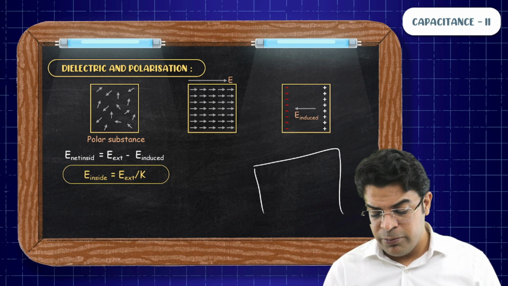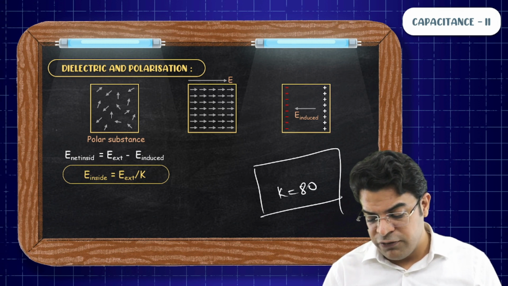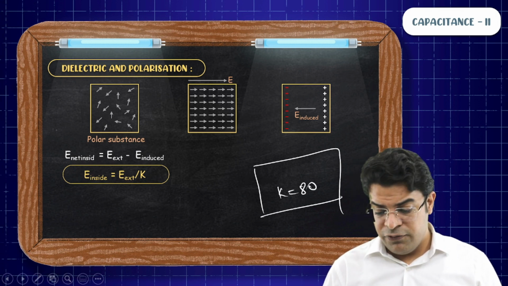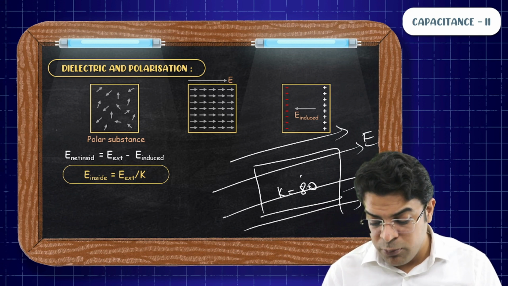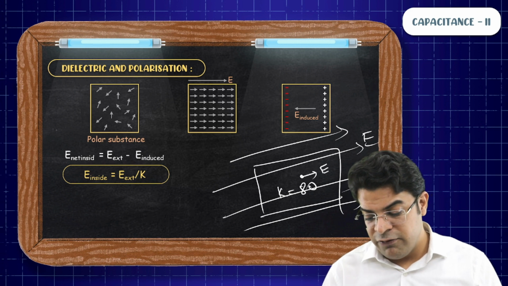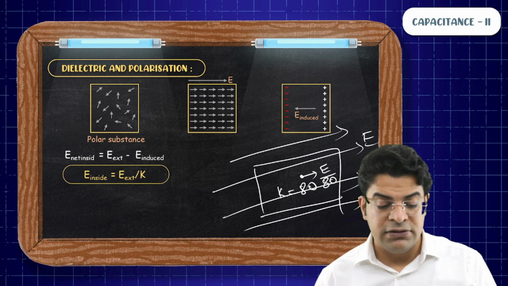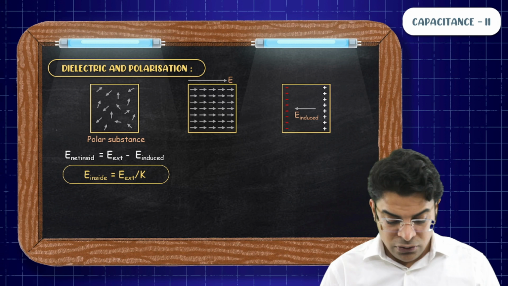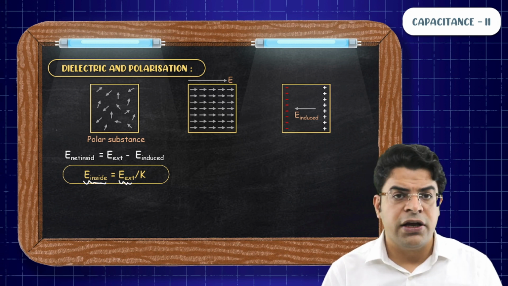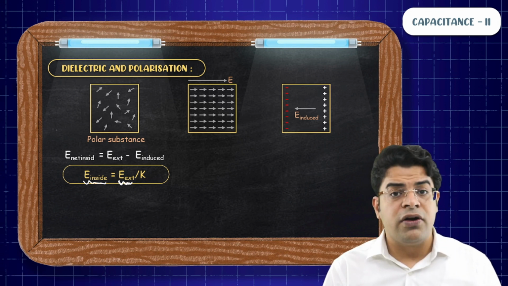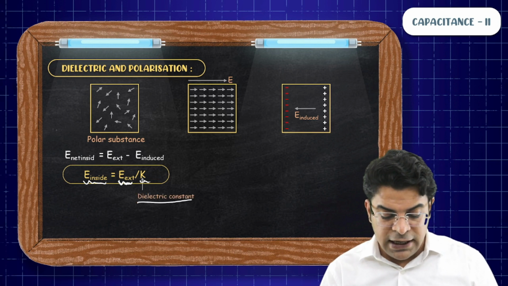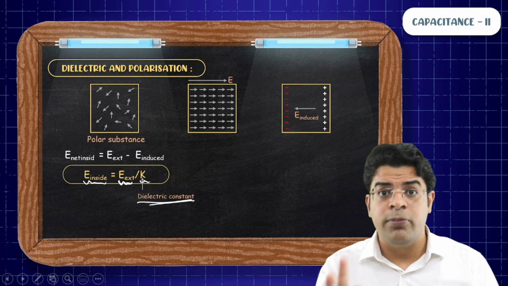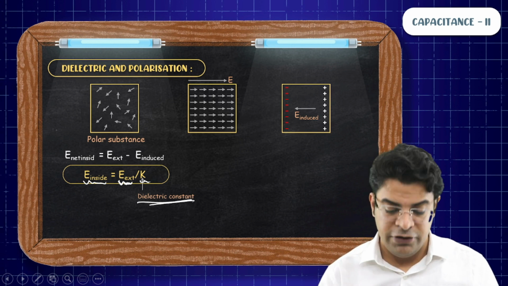So if a medium has a dielectric constant of 80, and you place it in an external electric field E, then at a point inside it, the electric field will be E by 80. So K is called the dielectric constant, which is the synonym of relative permittivity.